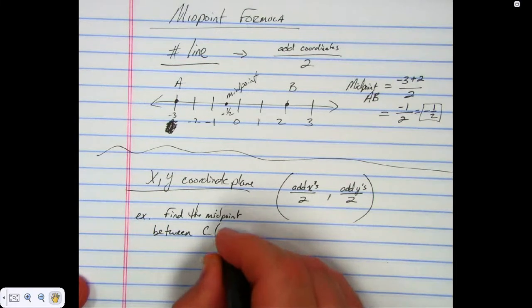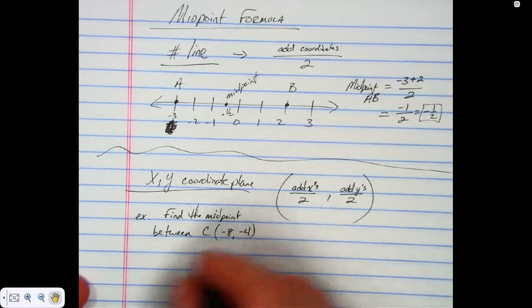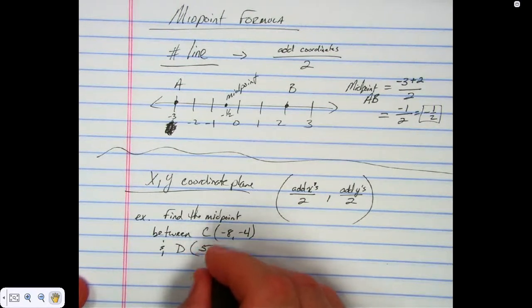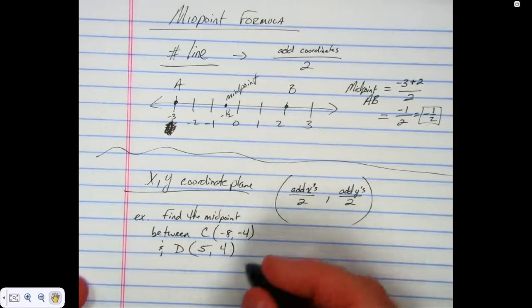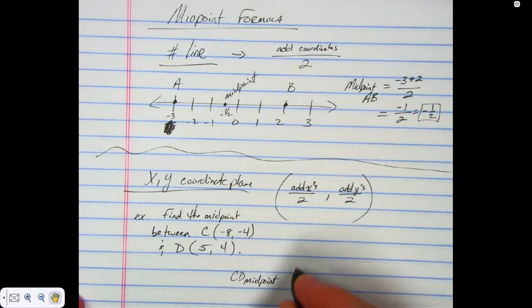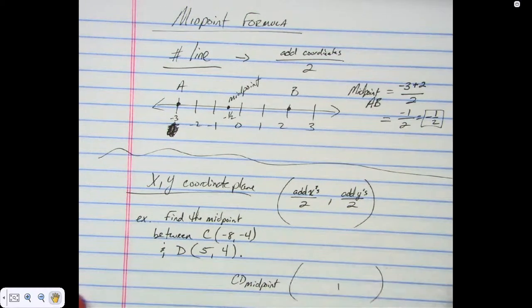As an example, say find the midpoint of C, negative 8 comma negative 4, and D, 5 comma 4. It's a point on the XY axis.